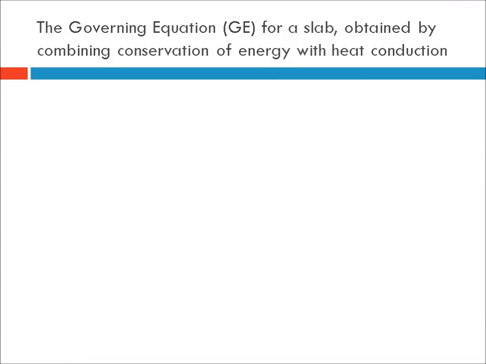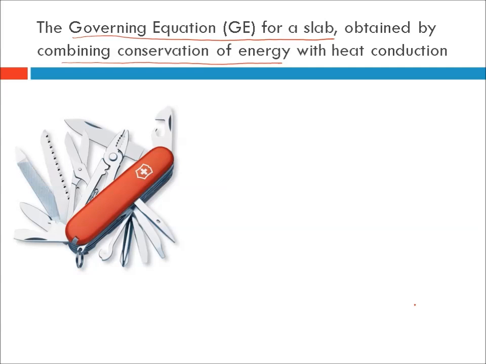So the governing equation that we just derived has many terms. It looks kind of complicated. It is simply a statement of conservation of energy that we want to use, but it's still kind of complex. So I want you to see that the equation with the different terms is just like a toolbox.